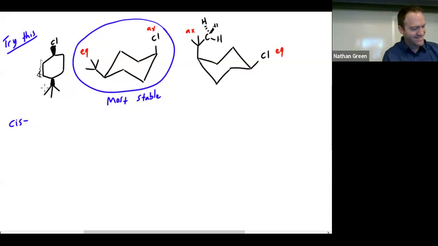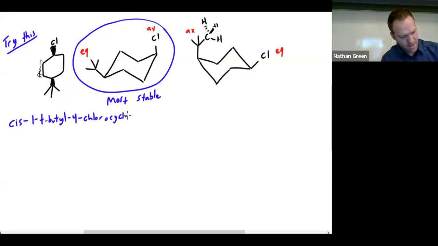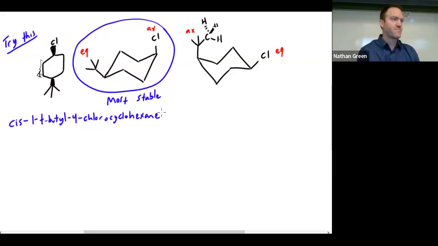With t-butyl, it's butyl, so B. So it's cis-1-t-butyl-4-chlorocyclohexane. That would be the name of that molecule.